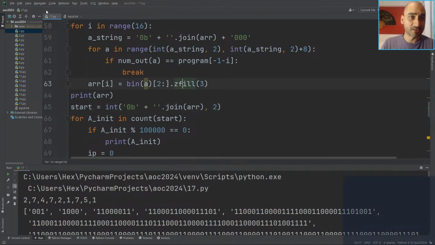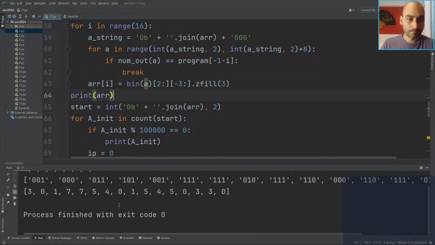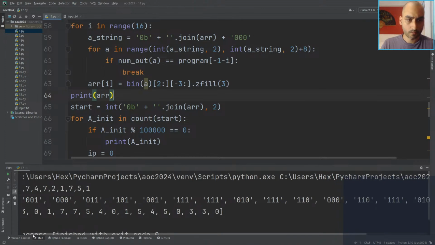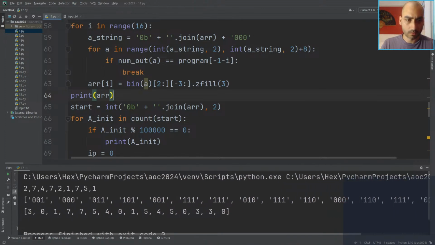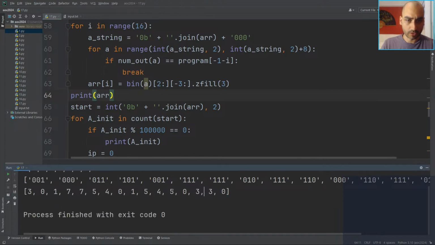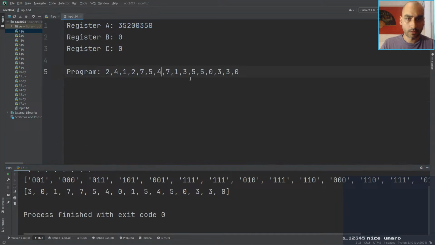Oh, because I didn't use the last 3 digits. So it's a growing number. There. Okay, that looks like a nice clean array. Alright, 0, 3, 3, 0, 5. Oh, we still got 4.